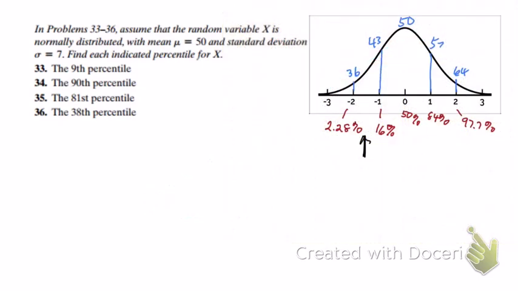So what's a z-score? Here's our formula. Our z-score here we know, and that's negative 1.34. I don't know x. I know mu is 50, and I know the standard deviation is 7. Now what do I do? I've got 4 variables. I know 3 of them.